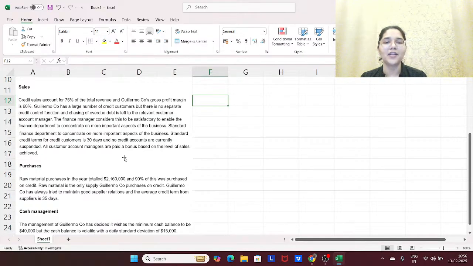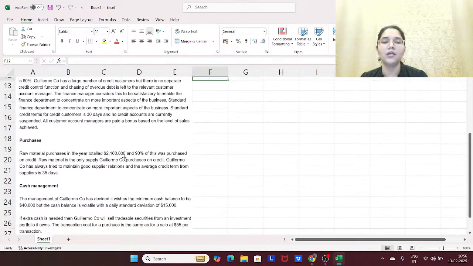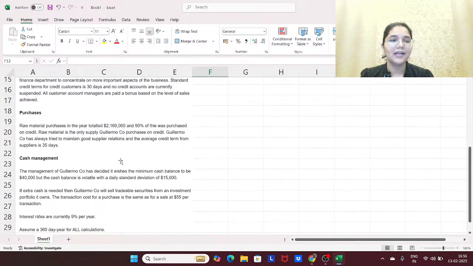The finance manager considers this to be satisfactory to enable the finance department to concentrate on more important aspects of the business. Standard credit terms for credit customers is 30 days, and no credit accounts are currently suspended. All customer account managers are paid a bonus on the levels of sales achieved.